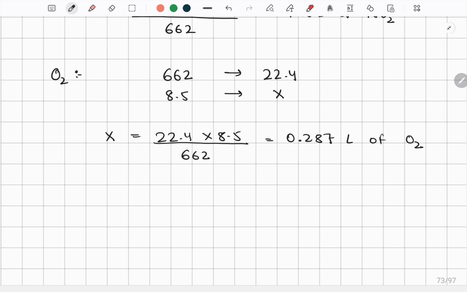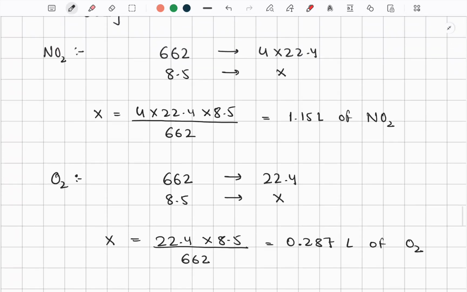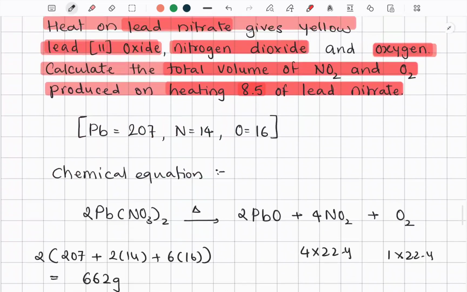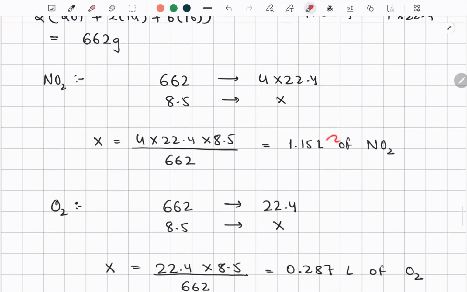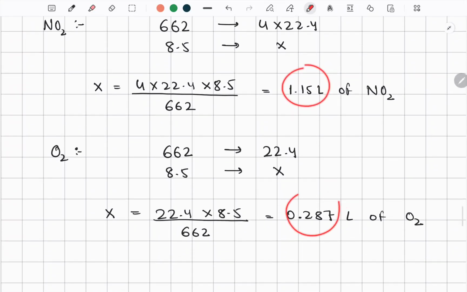Okay, now we have done this question, but one important part left which is mentioned in this question is we have to write down the calculated total volume of nitrogen dioxide and oxygen. That means we just now have to add 1.15 liter and 0.287 in order to finalize the answer.